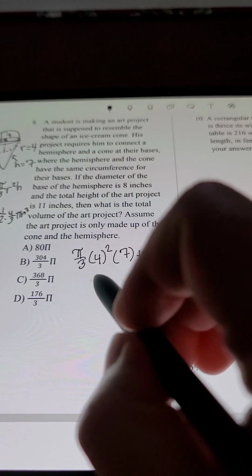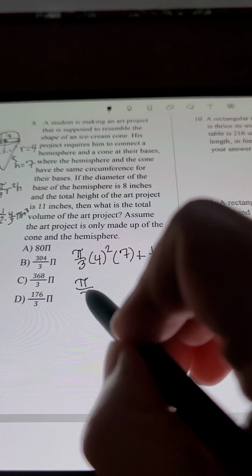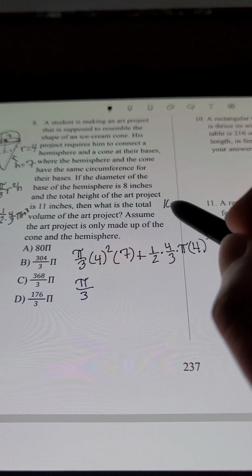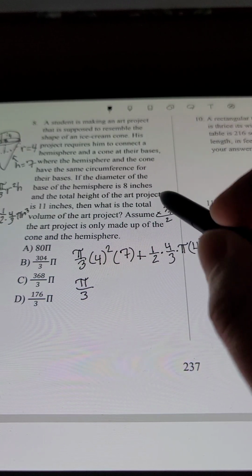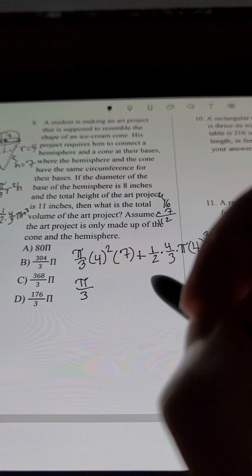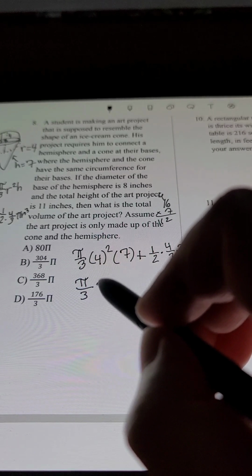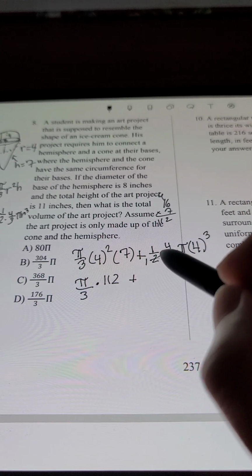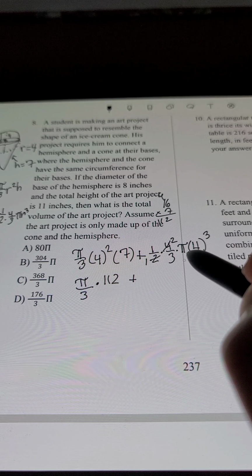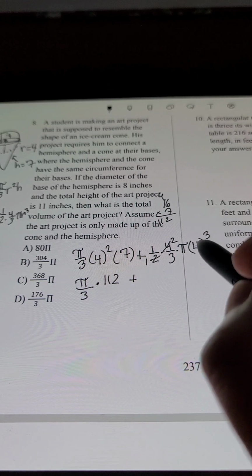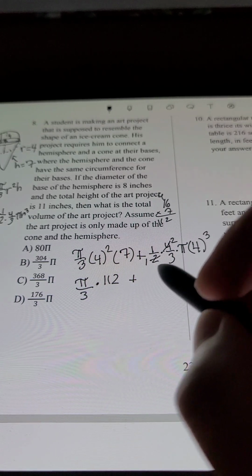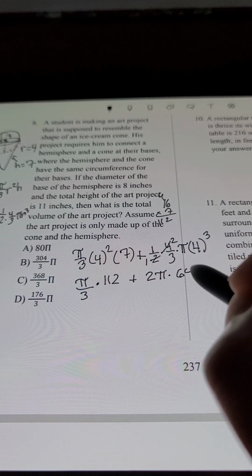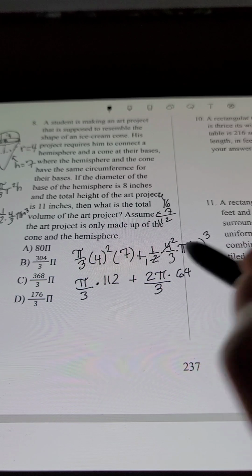So let's start. We have pi over 3, and then 4 squared is 16. So then 16 times 7 is just going to be 112. So we have times 112 plus, we could cancel out, 2 goes into 2 one time, it goes into 4 2 times here. And then 4 cubed is 64. So now I have 2 pi times 64, and then this also has the 3 on the bottom.